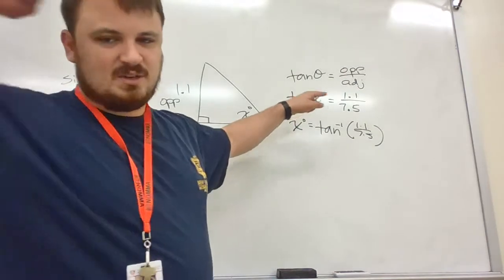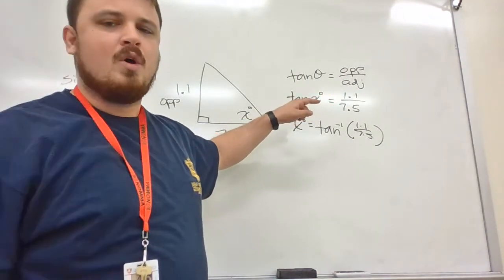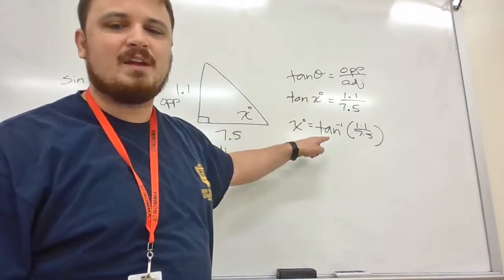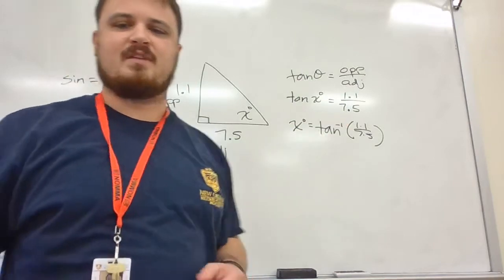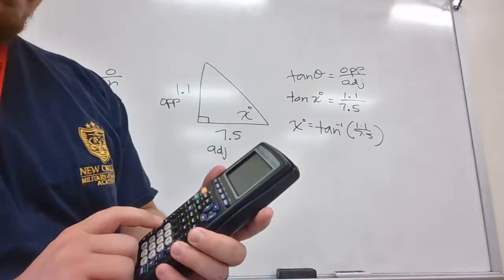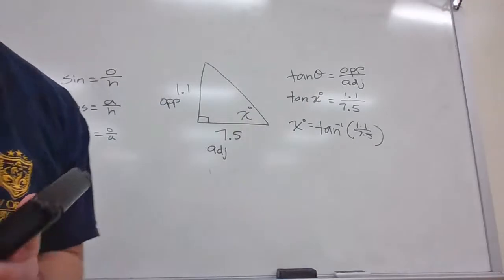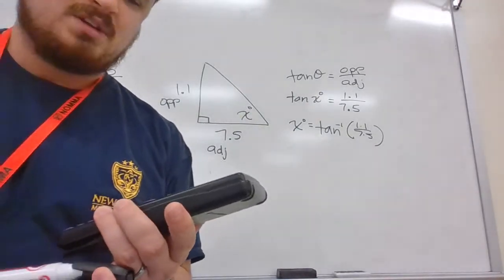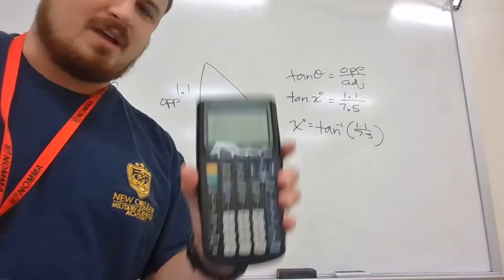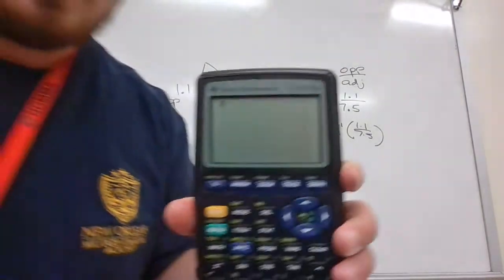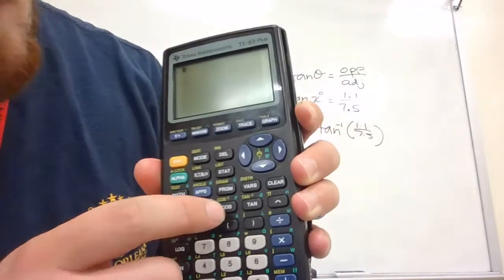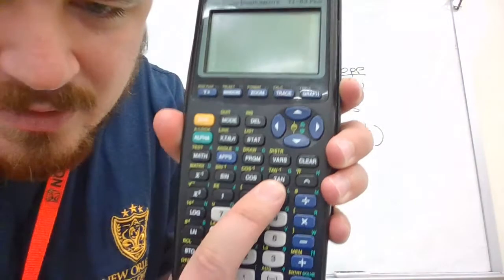So if tan x equals 11.1 over 7.5, to find x, just do tan inverse of 11.1 over 7.5. So what we'll do here, if you look right here, this is your typical TI-83, and you either have one of these or you could use an online software, which will be similar. So if you look right here, see my fingers right there at tan, okay?